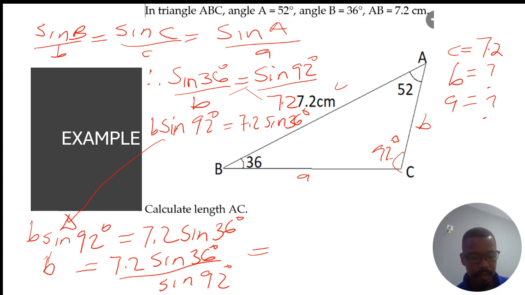On your calculator, sine 36 is equal to 0.587 and so on, multiplied by 7.2.